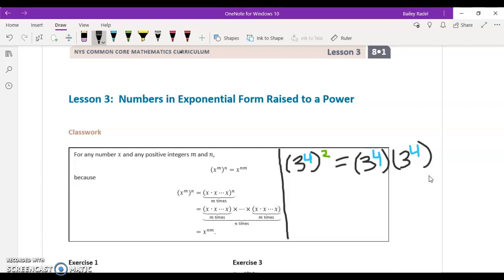Okay, so we're going to copy down our problem. And now we're going to write it. So we're going to multiply 3 4 times.